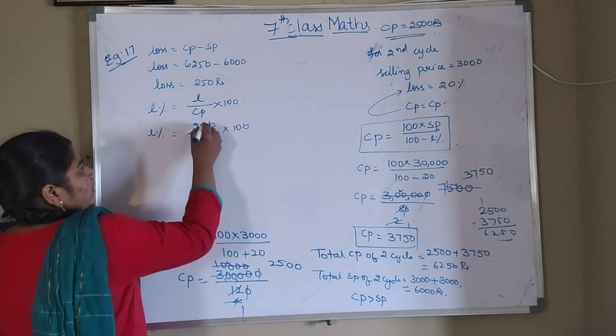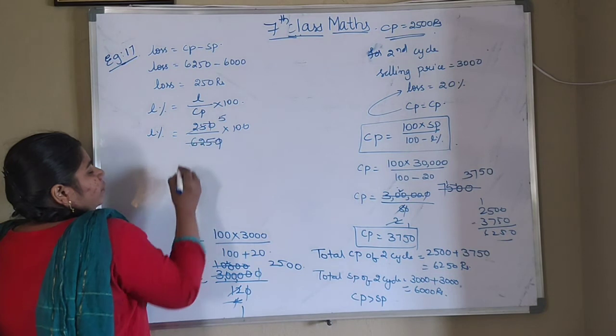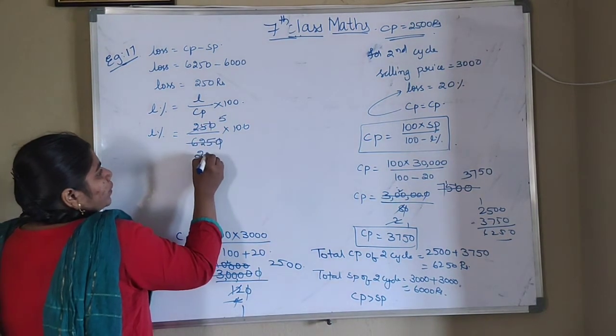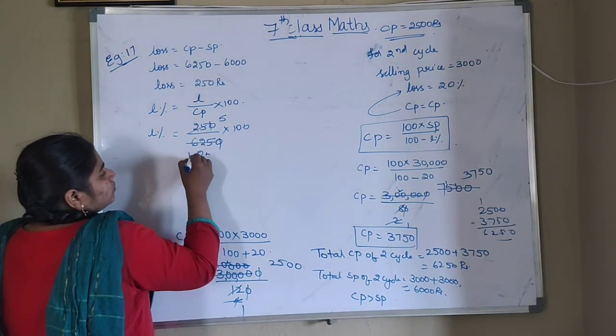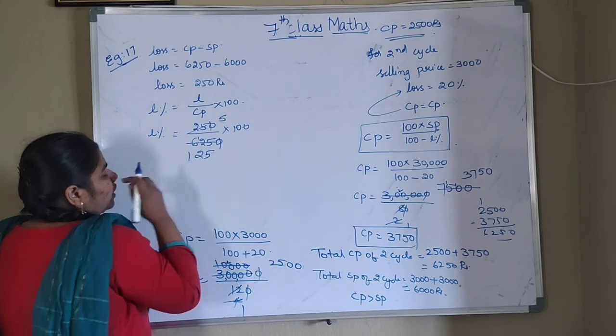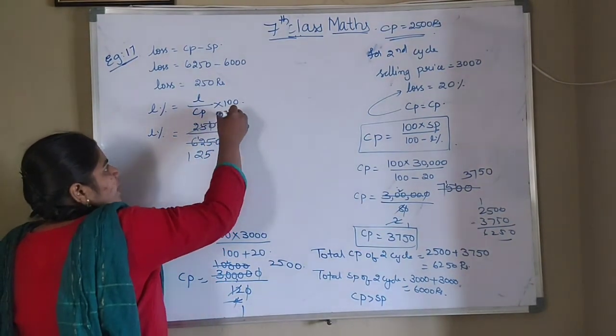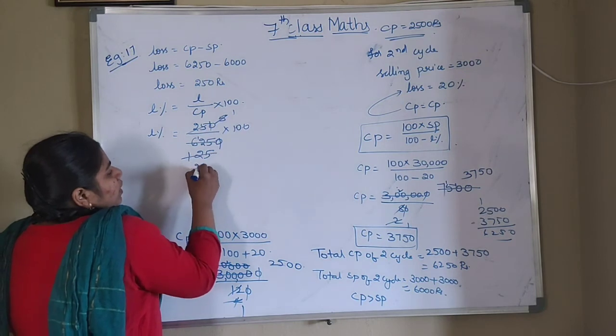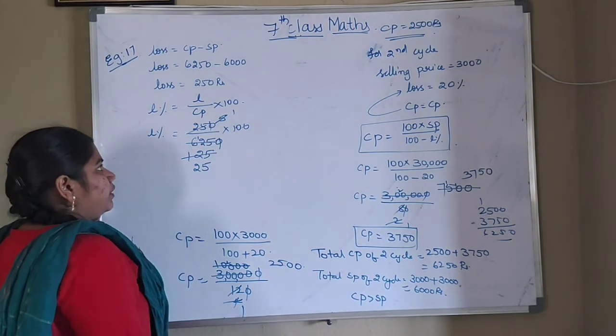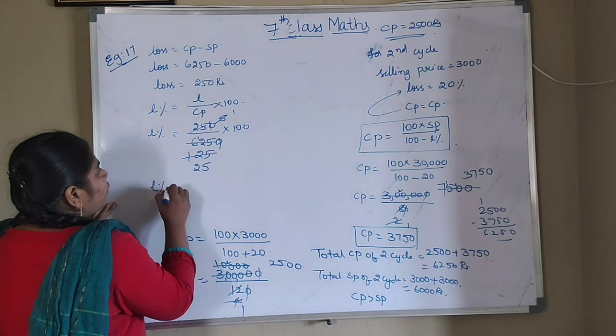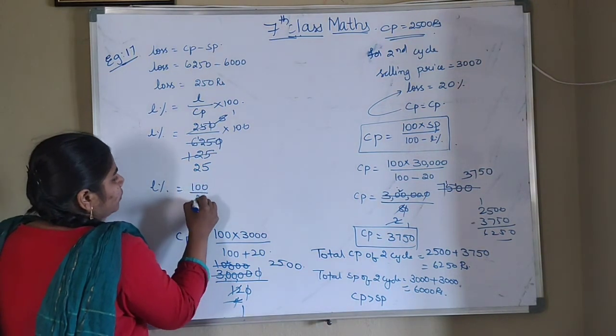In the 5 table, 5 fives are 25. 5 twos are 10, 5 125s are 625. Again cancel in the 5 table. 5 ones are 5, 5 25s are 125. So how much did you get? You got 100 by 25.